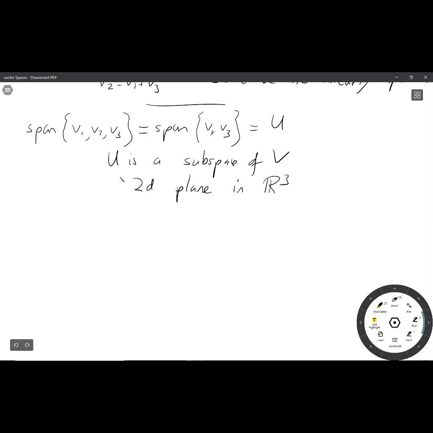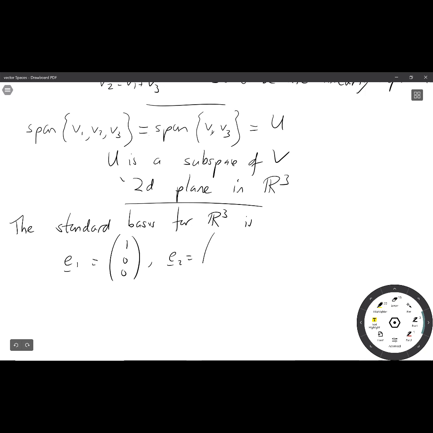So let's think of a basis now. Well, the standard basis which we'll use for Euclidean space we often write as E1, which is 1, 0, 0, E2, which is 0, 1, 0, and E3, which is 0, 0, 1.